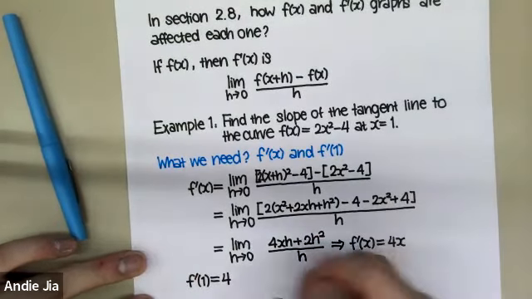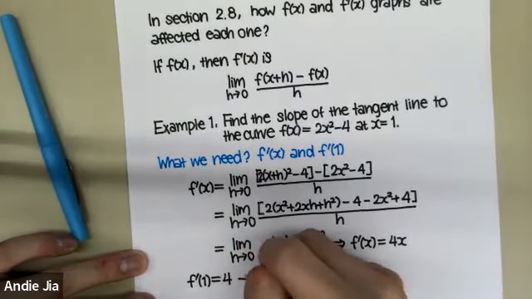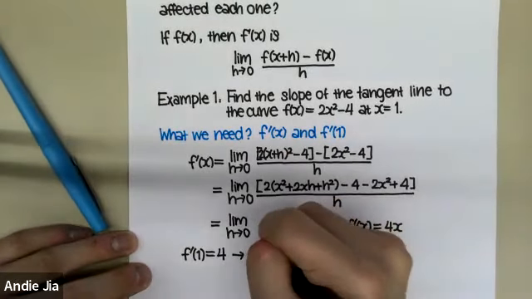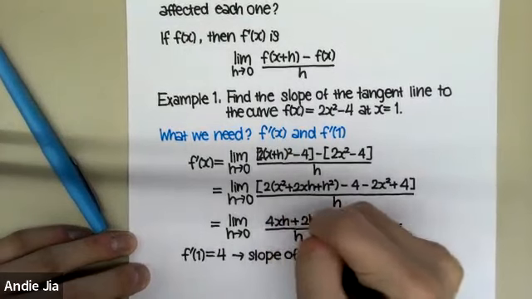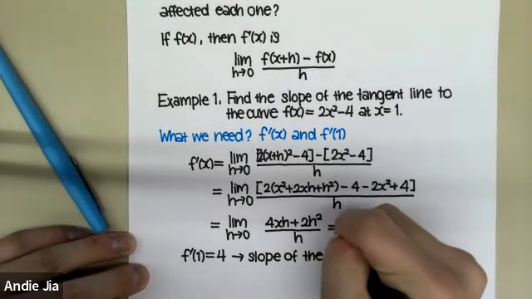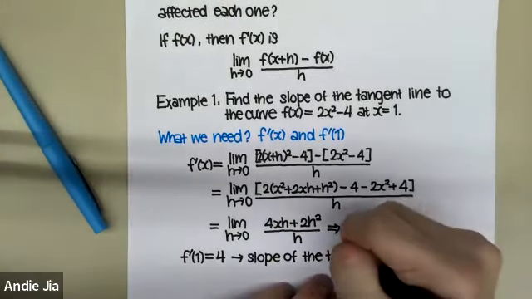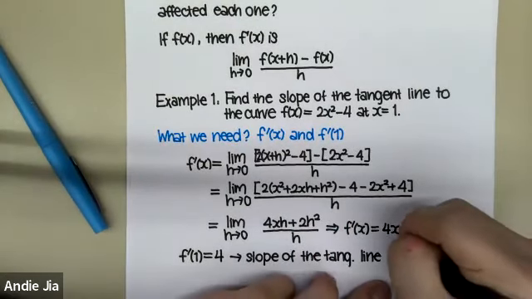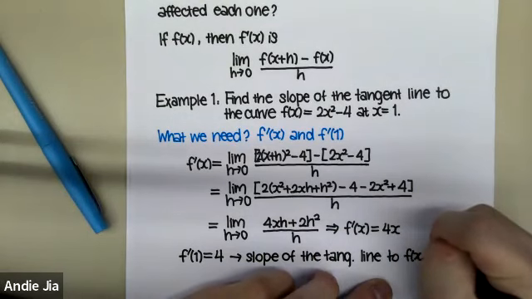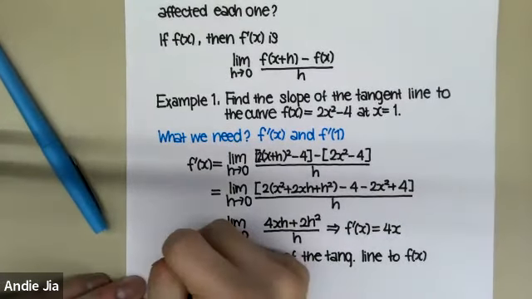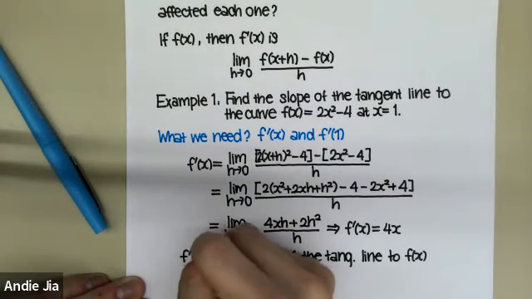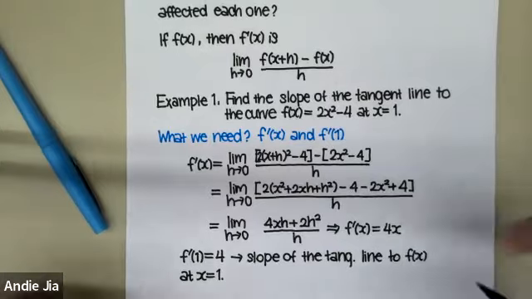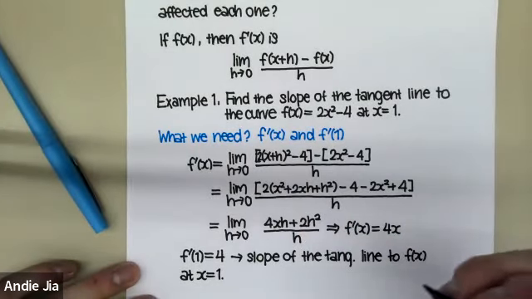So this is the slope of the tangent line to f of x at x equals 1.